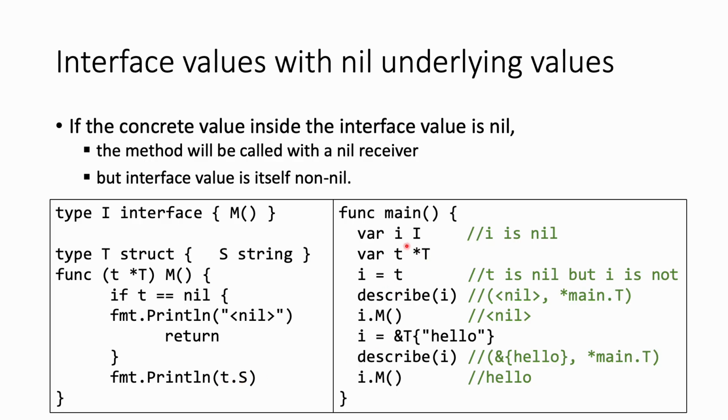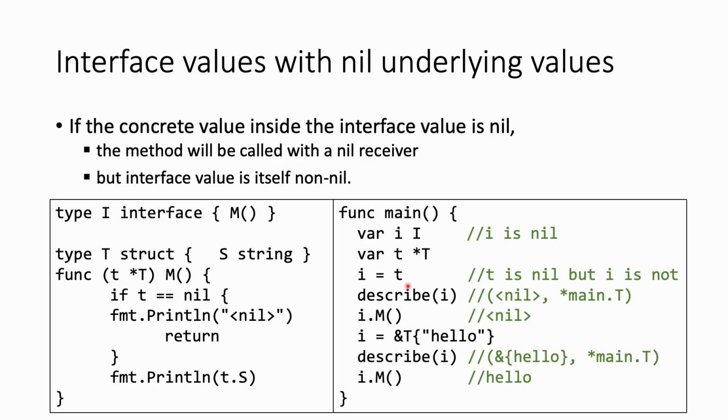In the main function, when variable little i and variable little t are declared with the var statements, both of them have nil values. Variable I has the nil interface value of type capital I, and variable little t has a nil pointer value of type pointer to T. After assigning variable t to variable I, variable t is still a nil pointer, but the interface value in variable I is not nil anymore.